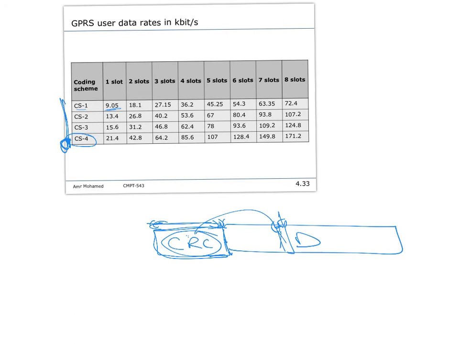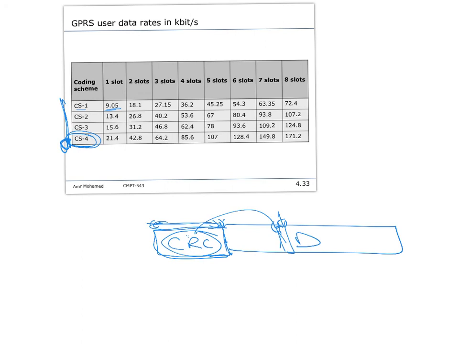Typically, this trade-off can be addressed easily based on the channel state. If the channel state is really good, we don't have to provide error correction, so we can use CS4, which means that we can use higher data rates.